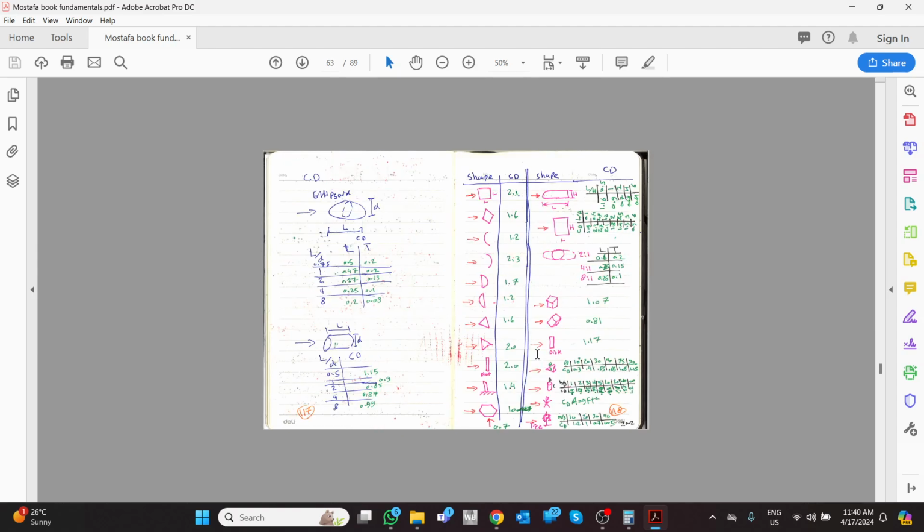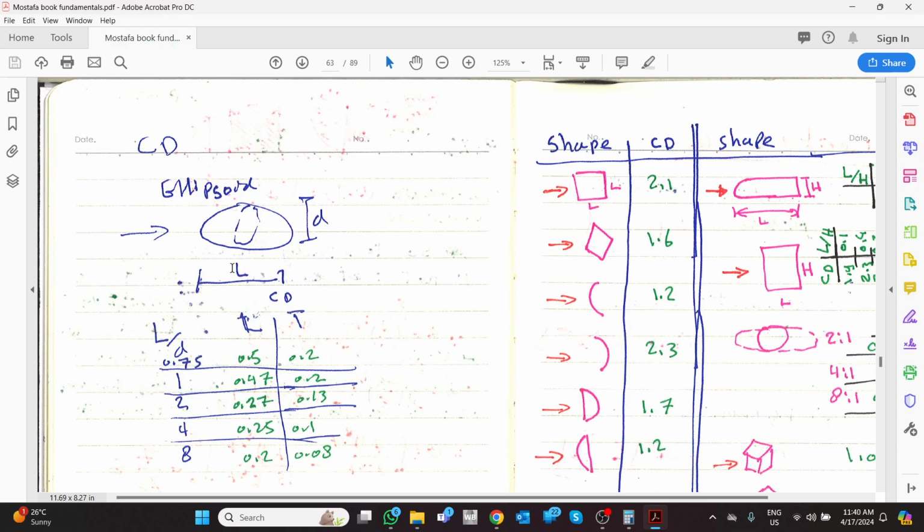And you calculate the drag coefficient based on L over D, which you already have, it is fixed. Of course, this L is longitudinal and T is like this. We are in the L direction, not in this direction.